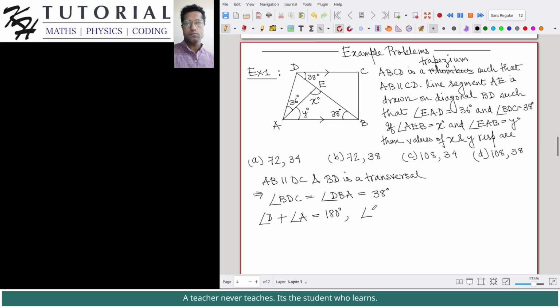Also, angle C plus angle B is equal to 180 degree. Angle A is 36 degree plus y.